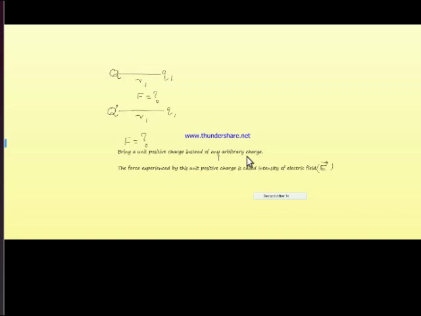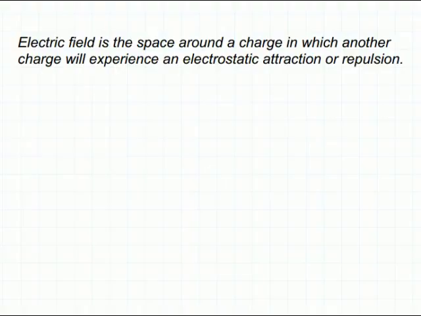So by measuring the force experienced on this unit positive charge due to Q and Q prime at a distance R1, we can find which force is larger, or we can find the intensity of electric field due to Q and Q prime. This force experienced by this unit positive charge is called intensity of electric field.